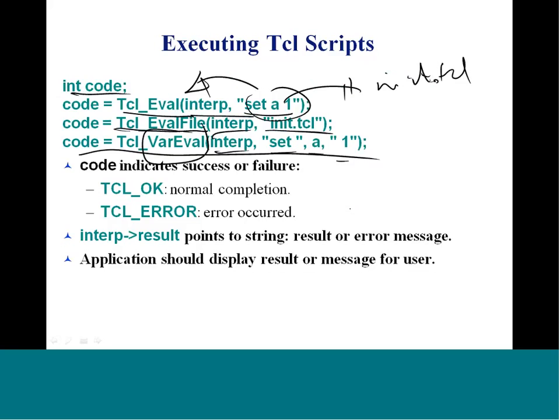The code itself indicates whether there is a success or failure. It comes back as TCL_OK if it is a normal completion, and generates TCL_ERROR if any error occurred during the execution.